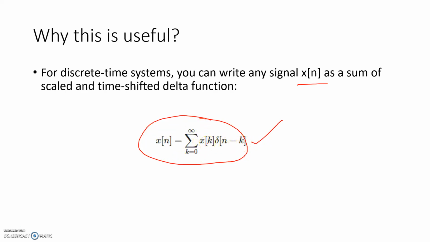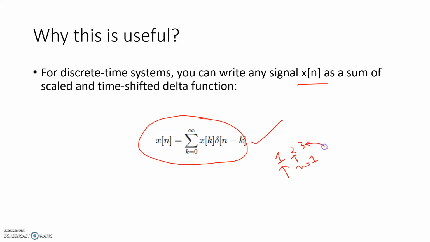It is better to give an example. Suppose x of n is 1, 2 and 3, and at n equal to 0 the amplitude is 1. Then how will you represent it in terms of the delta function? Correct, 1 into delta of n plus 2 into delta of n minus 1 plus 3 into delta of n minus 2, because this 2 corresponds to n equal to 1.